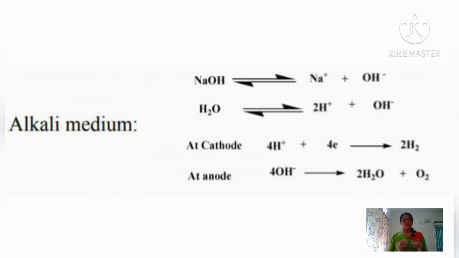Since the discharge potential of the potassium ion is much higher than that of the H+ ion, the H+ ion will easily migrate towards the cathode and it will be converted into dihydrogen at the cathode. And the hydroxide ion will migrate towards the anode and it will be converted into oxygen gas at the anode. So on passing electric current through water in the presence of alkali medium, hydrogen gas will be produced at the cathode and oxygen gas will be produced at the anode.